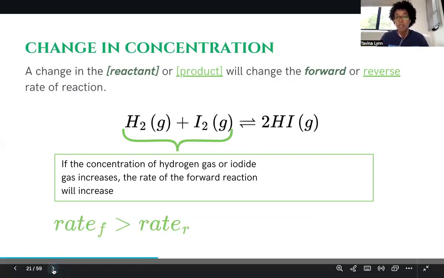Starting at equilibrium, they're both equal. We add more reactants, and our forward reaction rate increases in such a way that it will now be greater than the rate of the reverse reaction.